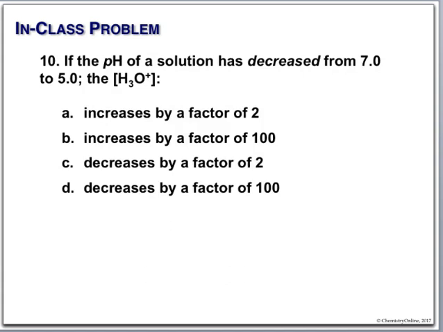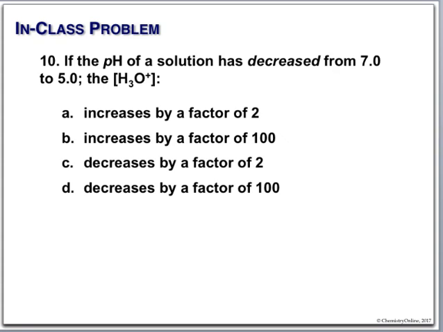Oops. All right, so here we're changing a pH from 7 to 5. What's actually happening to hydronium? Remember, pH is a log scale. So every pH number is a power of 10. It's a log scale.